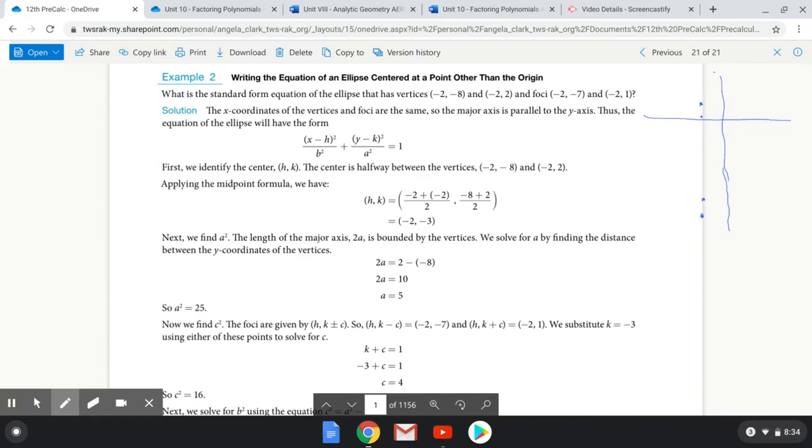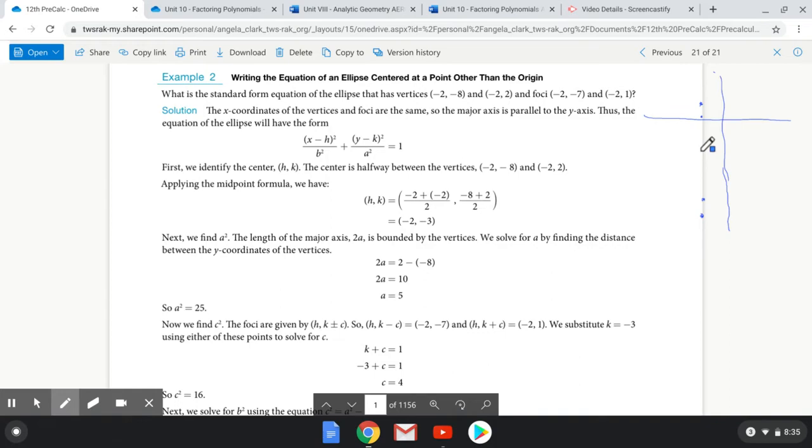We just need to use the information that we're given, right, to figure out A, B, and the center. Those are what we need. Now we're going to find C because we're going to be using C to find B in this case. And I'll show you why in a second, but we don't need to know C to write our equation. We're just going to have to find it in order to find B.